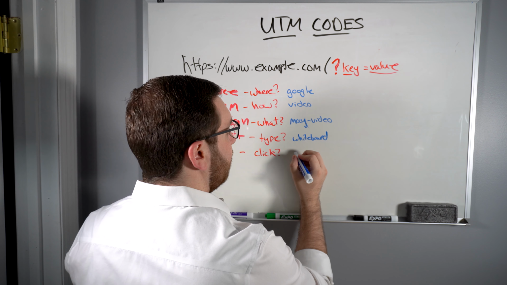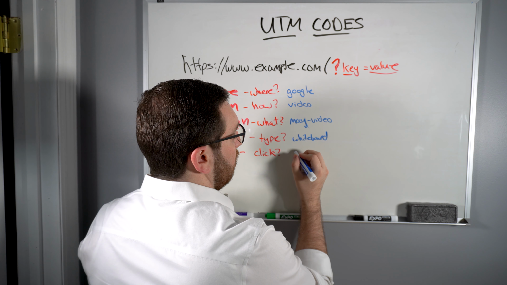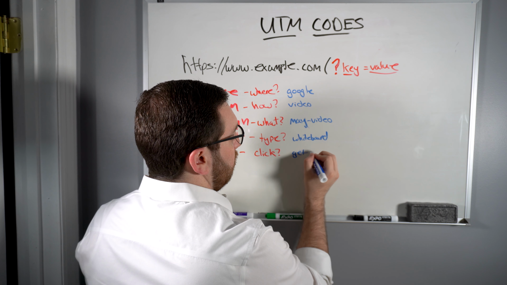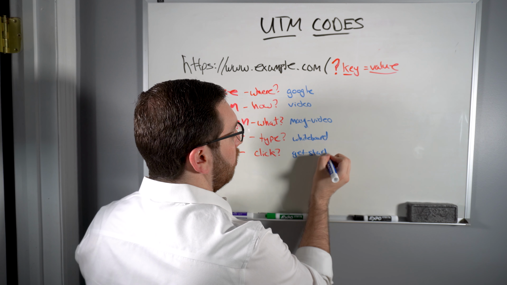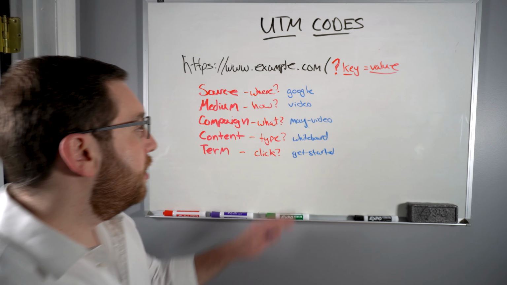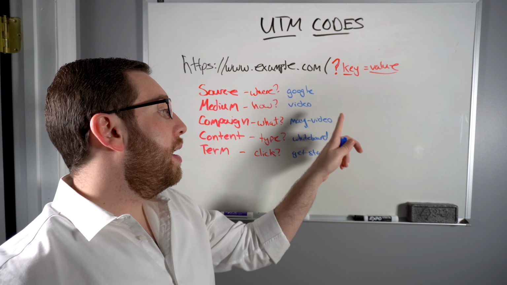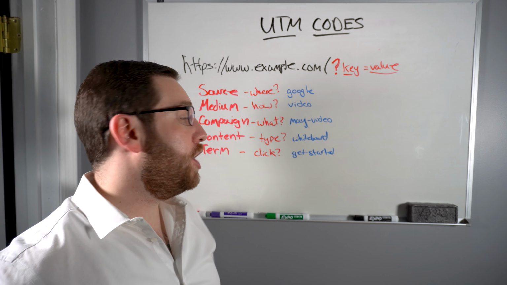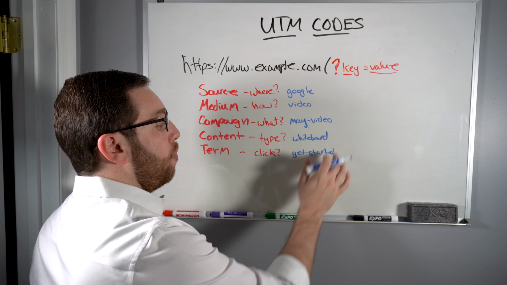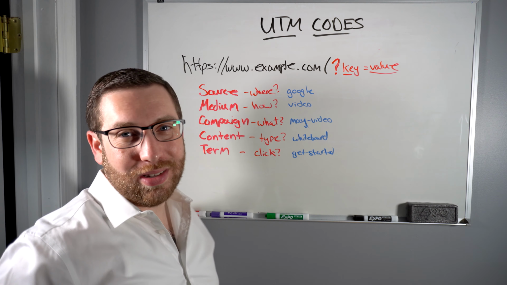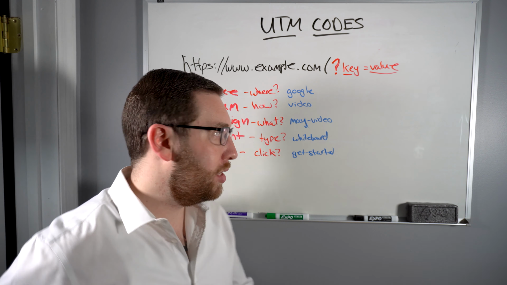And term, let's just say get-started. So what this is saying is someone came from Google from a video medium, and it was my campaign called may-video. The content type was whiteboard, and the term was get started. Maybe that was the call to action or the button that was used, get started.